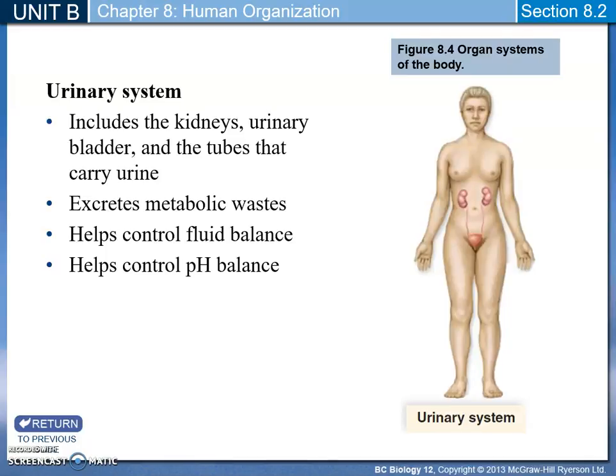This would be largely from the breakdown of proteins, where the nitrogenous wastes need to be eliminated, and that's generally the purpose that this serves, where it would take the nitrogenous waste and eventually convert that into urine, which is then excreted. Also, it helps control fluid balance and pH balance.